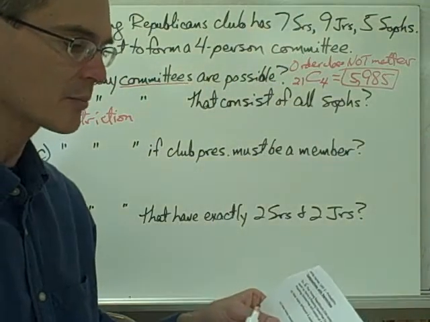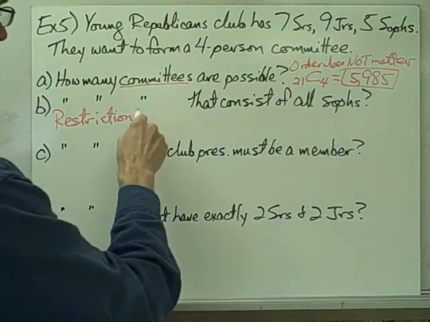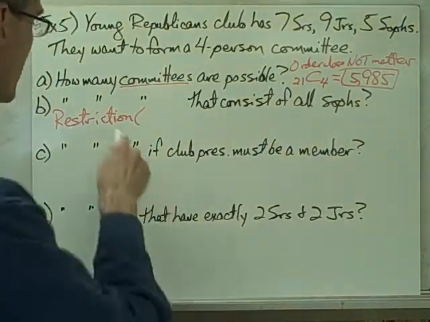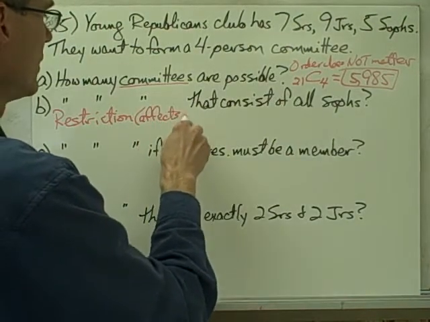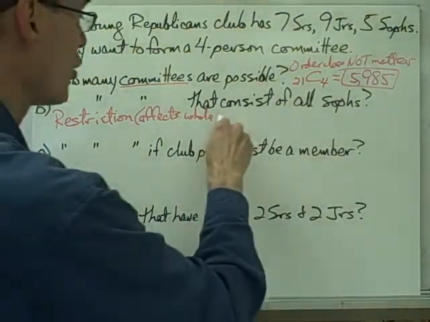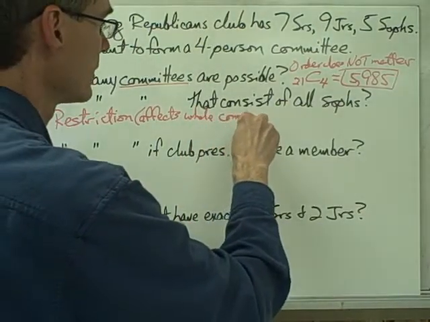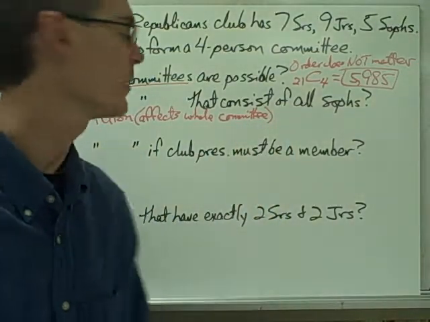I want to know how many committees are possible that are all sophomores. Well, this type of restriction affects the whole group, that is the whole committee. And this type of restriction is actually not that complicated to deal with.